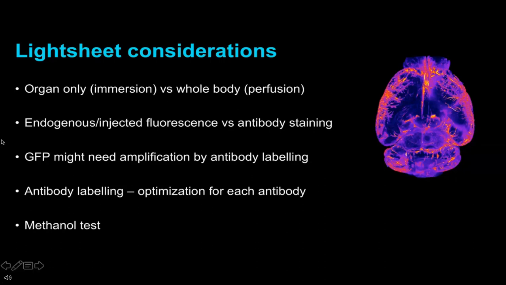But having said that, you might want to be aware that if you use fluorescent reporters, and this includes GFP reporters, you might need amplification of the signal by antibody labeling, because some of these fluorescent proteins are not as bright after the whole clearing protocol. If you want to use antibody labeling, there's a number of protocols out there.